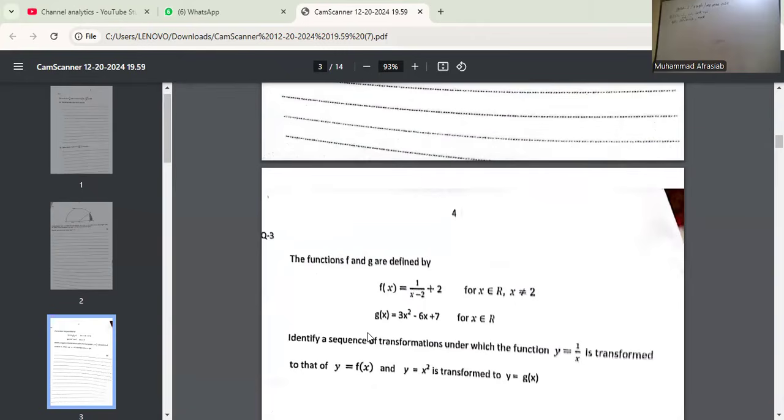Identify a sequence of transformations by which the function y is equal to 1 over x is transformed to y is equal to f of x, and second part, y is equal to x square is transformed into y is equal to g of x.